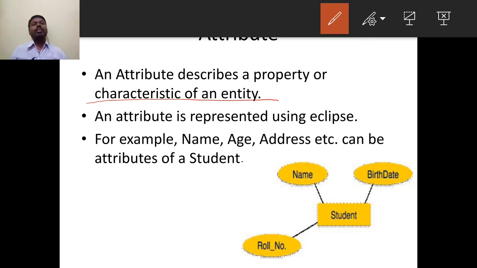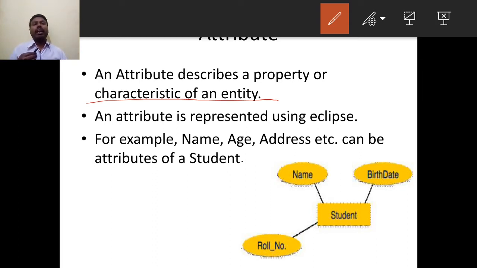What are the characteristics? Student name, student ID, address, date of birth, mobile number. These are all the characteristics. Understand? So what is an attribute? An attribute describes a property or characteristic of an entity. Majorly it describes the characteristics of an entity.